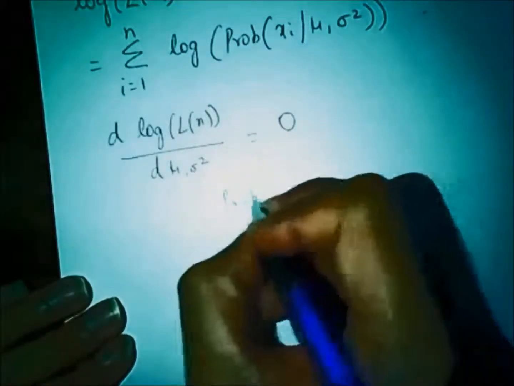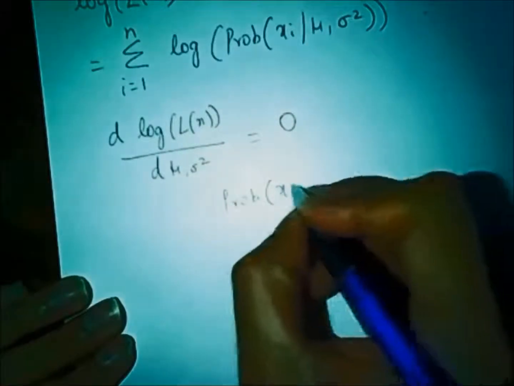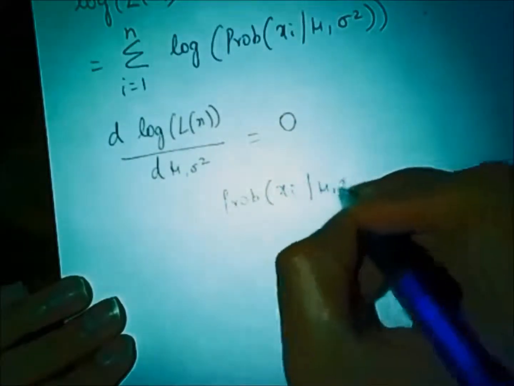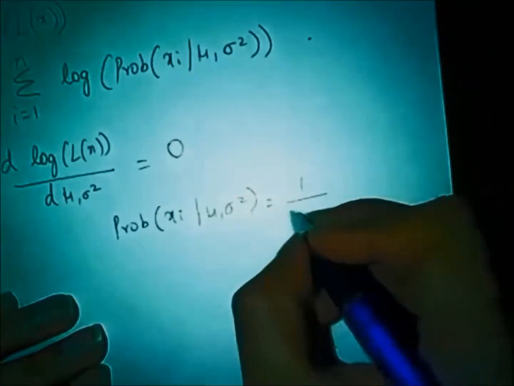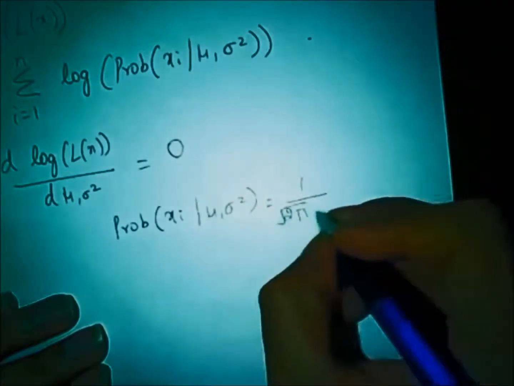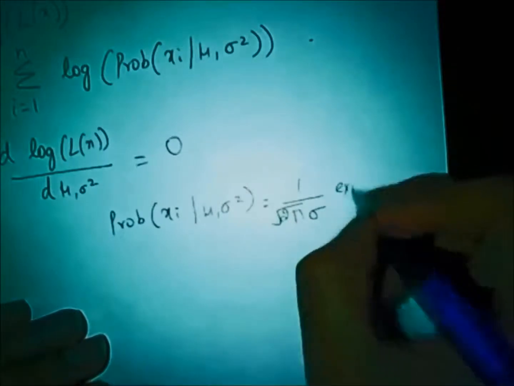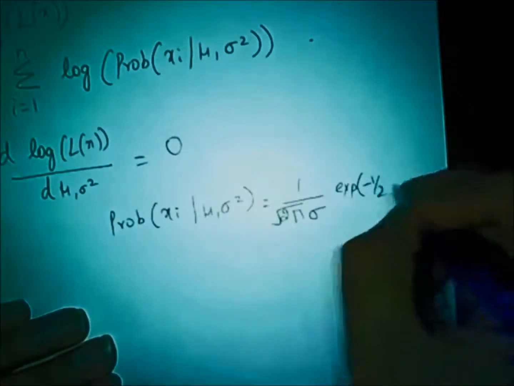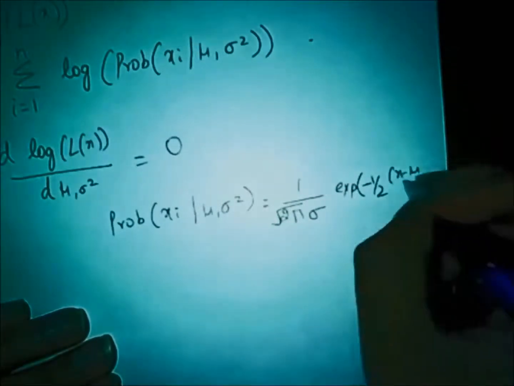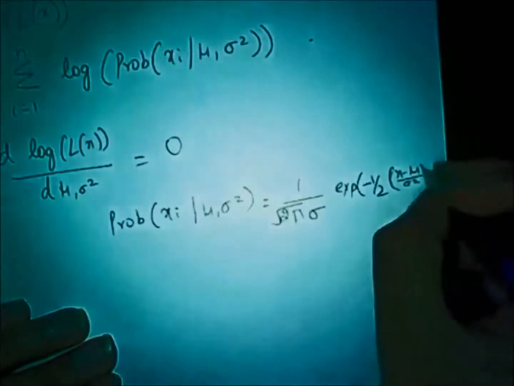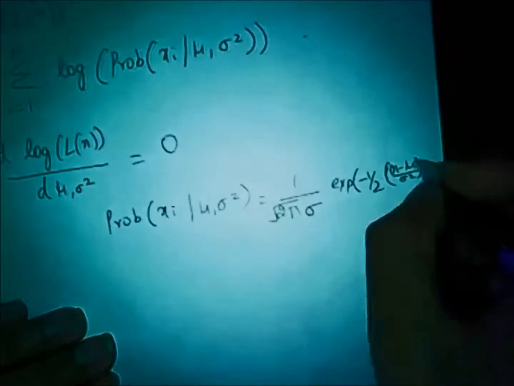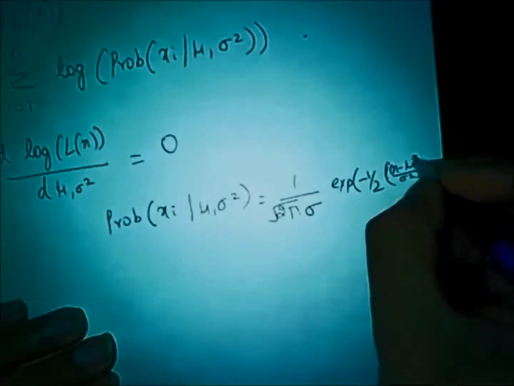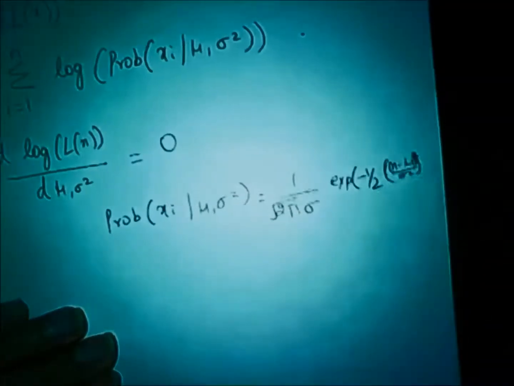So if you want to recall, probability of xi given mu sigma squared is given as 1 by root 2 pi sigma multiplied by an exponential function like this, x minus mu the whole squared over sigma squared.